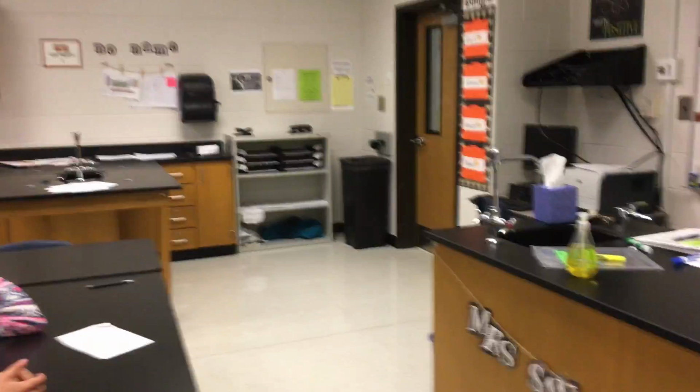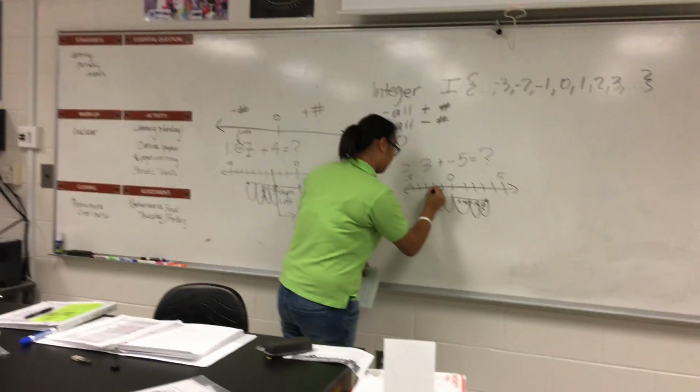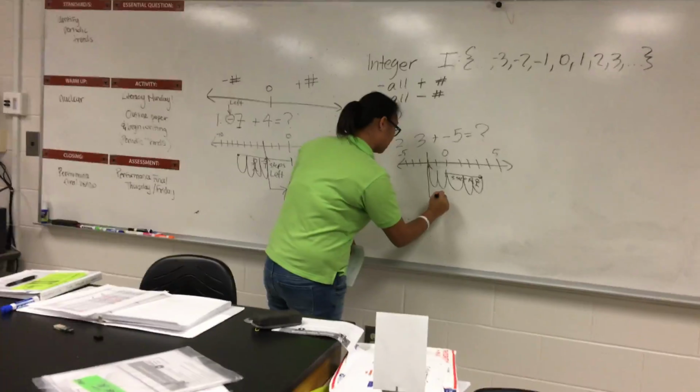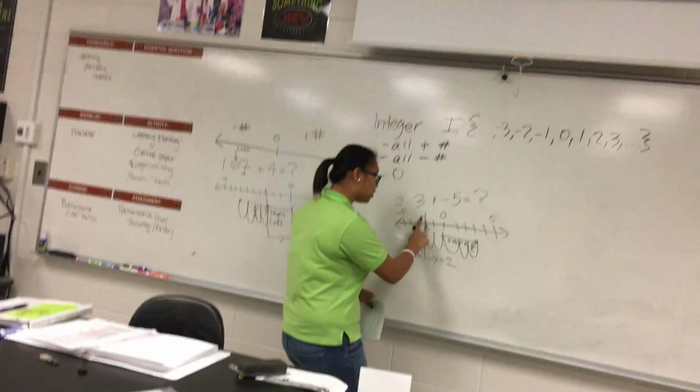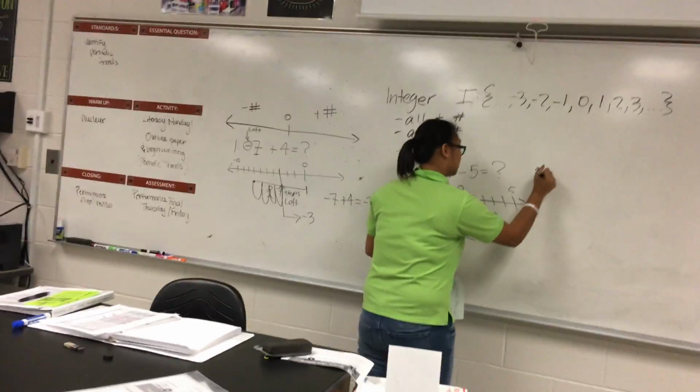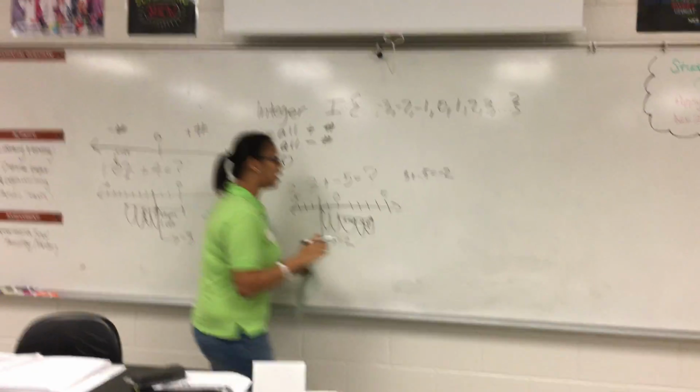So 1, 2, 3, 4, 5. Now where are we at? Here's -1, so now we're at -2. So 3 plus -5 equals -2. Good.